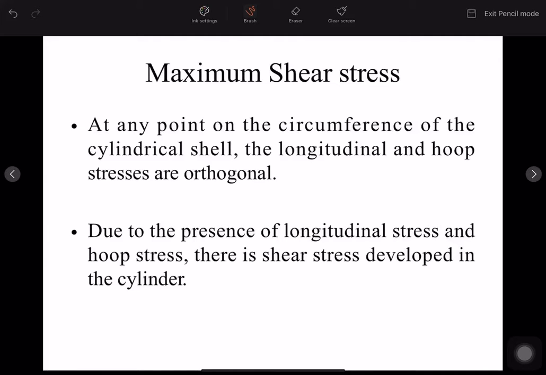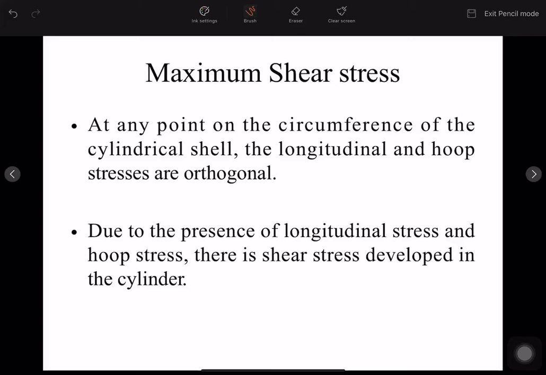So if we go into the topic, initially what is meant by maximum shear stress, or simply shear stress? There will be a development of shear stress because of the hoop stress and longitudinal stress.